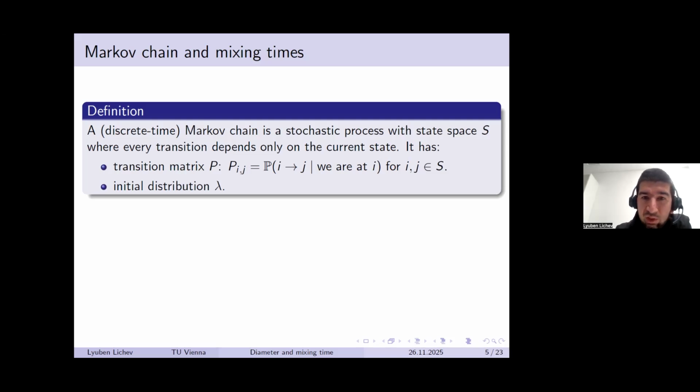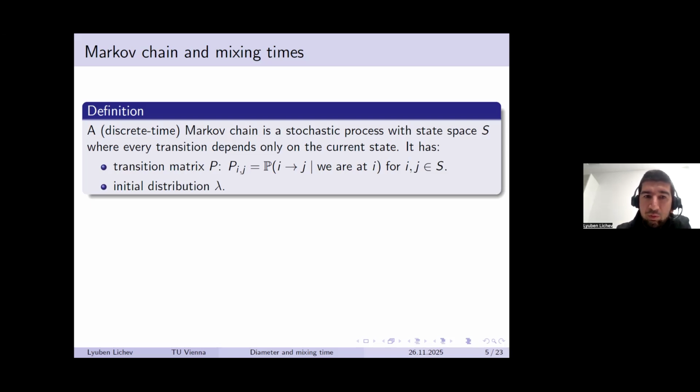What is this? Well, these are a class of stochastic processes which are described by their state space S, their transition matrix P, and the initial distribution lambda, which is some probability distribution on the state space S. In this talk, I'll be only interested in discrete time Markov chains on some finite state space.